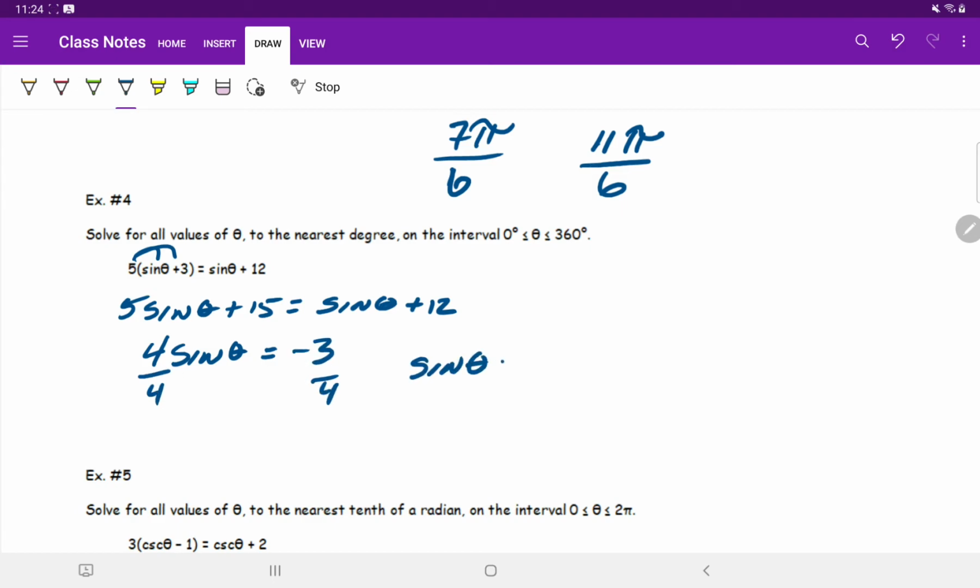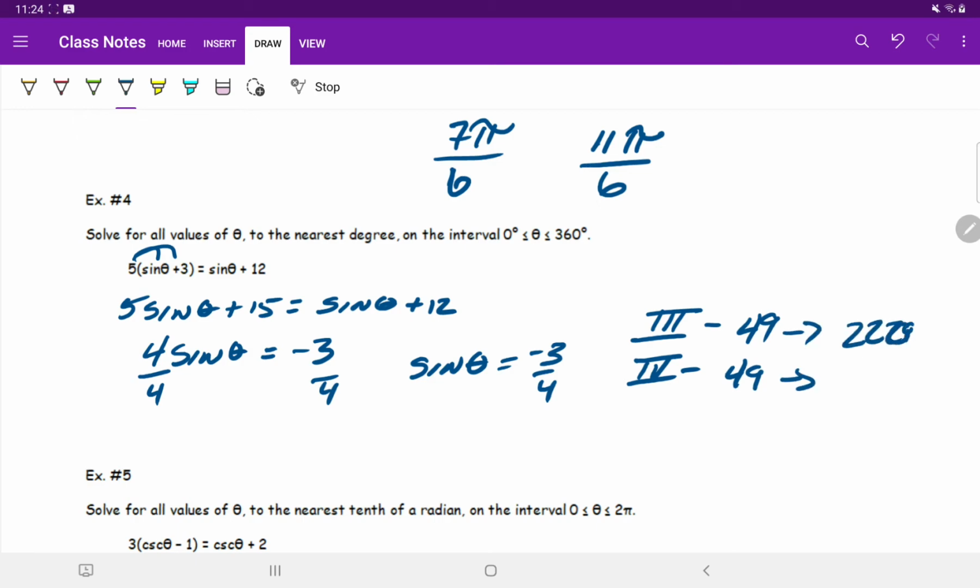Sine theta is equal to negative 3/4. That's going to be quadrant 3 and quadrant 4 because they're negatives. Our reference angle here becomes 49 degrees. So in quadrant 3, that's 229, and in quadrant 4, there's going to be 311.